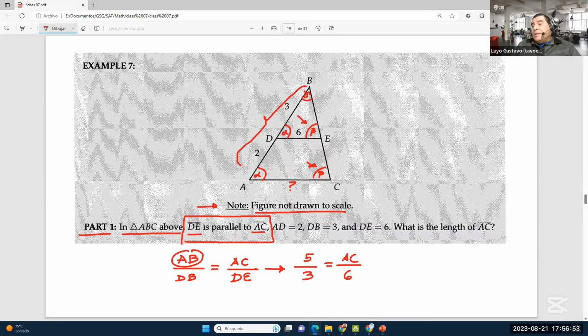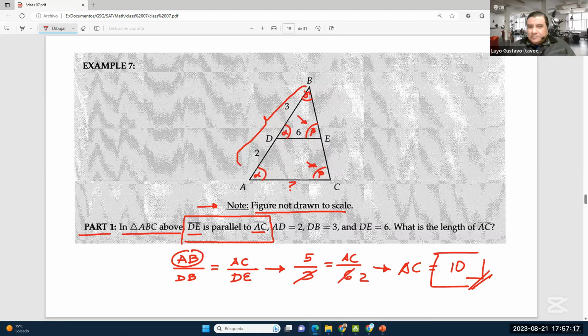So based on this, we can simplify and then cross multiply. AC would be 2 times 5, 10. That's the answer to the question. So that's a way you can work with proportional or similar triangles.